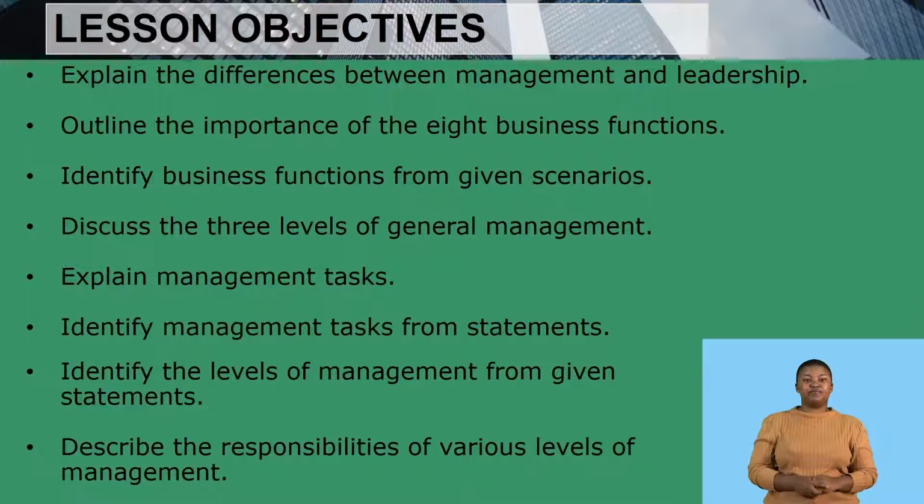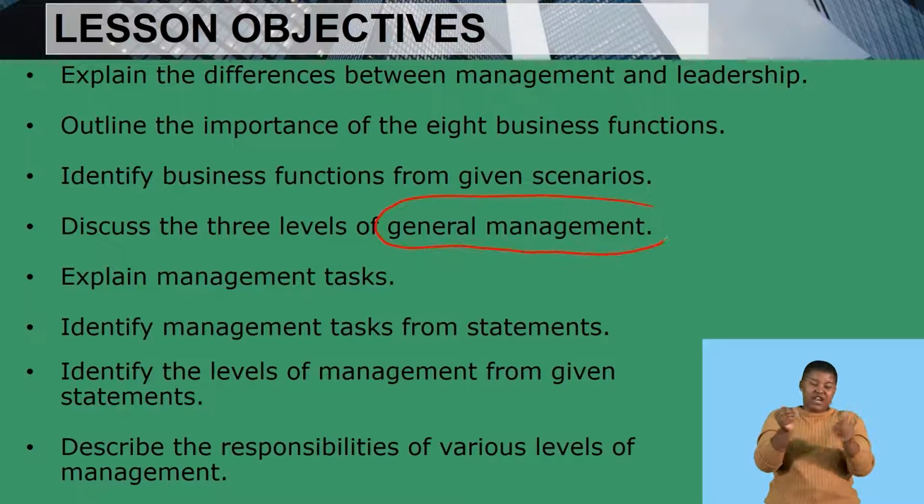Now, we will be looking at management and leadership today, so let's take a closer look at our lesson objectives. We will look at management and leadership, and then the business functions, especially the general management function, where we will look at the 3 levels of general management.